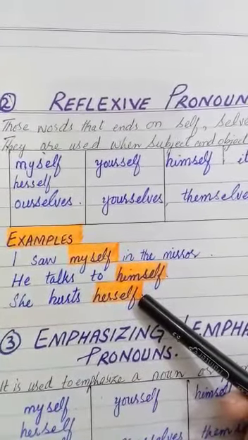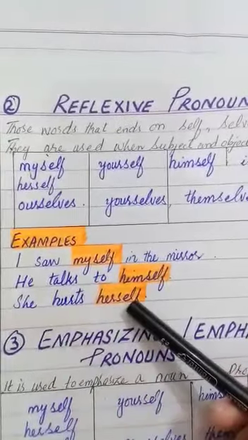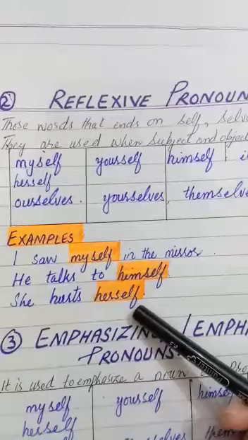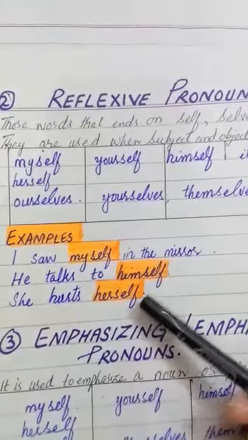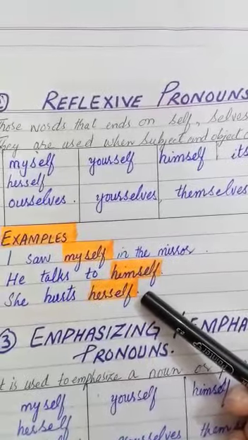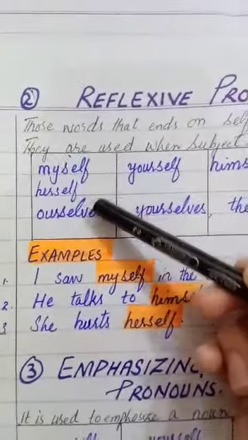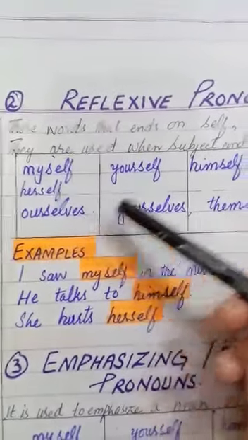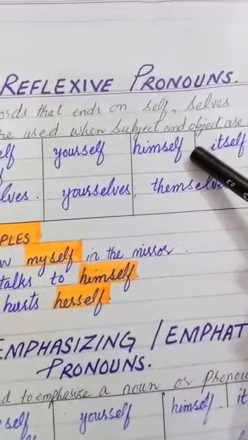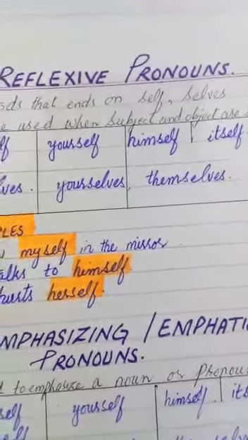Herself is a reflexive pronoun; this is subject, this is object, but they both are same. When subject and object are same and the word is ending on self or selves, that is called reflexive pronoun. There are myself, herself, in plural we will use ourselves, yourself for singular, yourselves for plural, himself for singular, themselves for plural, and itself for non-living things.